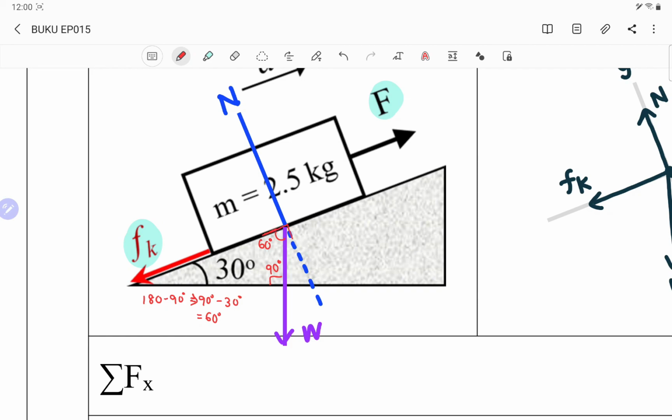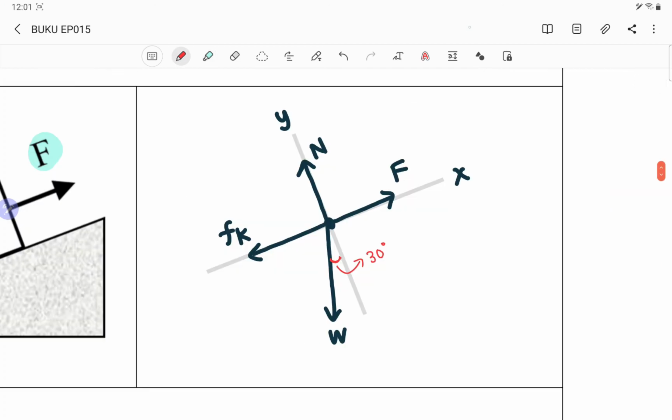And the angle over here is the right angle. 90 minus 60 is 30 degrees, which means this 30 degrees is located here. So this is our FBD.